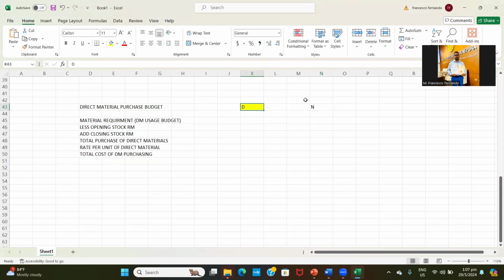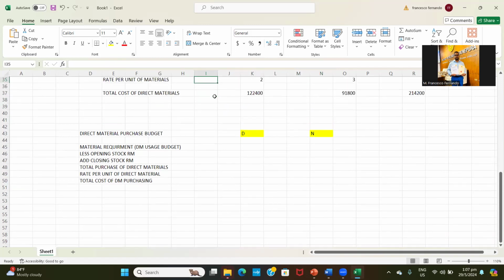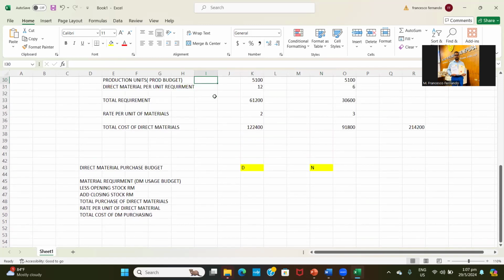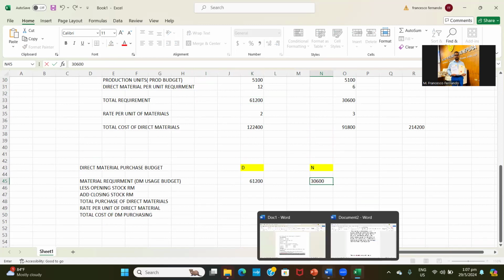So based on the information, the material requirement, if you can remember, we must take it from the direct material usage budget. In the direct material usage budget, the total requirement of material D is 61,200 and of material N is 30,600. Then we must deduct the opening stock of raw material.